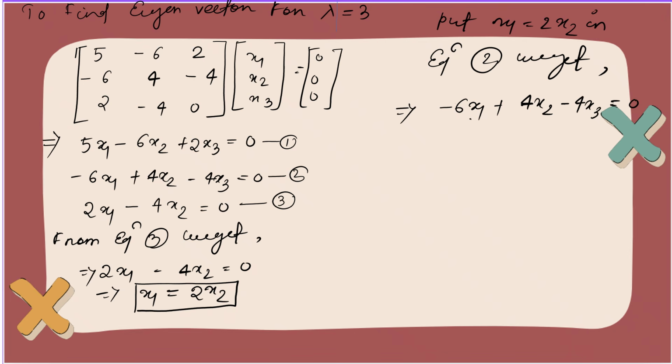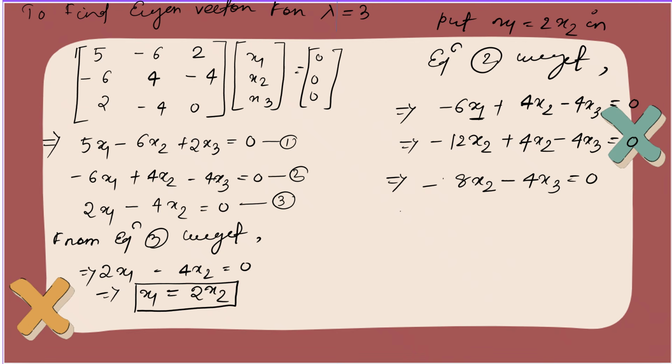Now you put in the place of x1, 2x2. So this equation is converted into minus 12x2 plus 4x2 minus 4x3 is equal to 0. So when you solve this, it is minus 8x2 minus 4x3 is equal to 0.